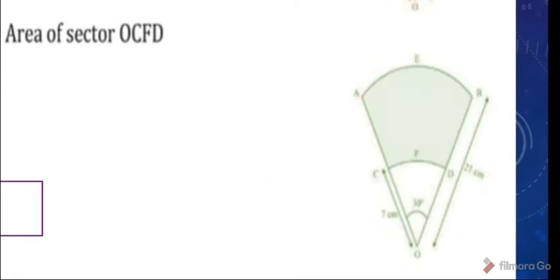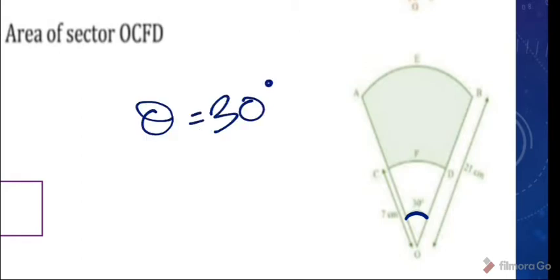Look here. In the question the angle of the sector for both is given as 30 degrees. So theta is 30 degrees and R2 is 21 centimeter.